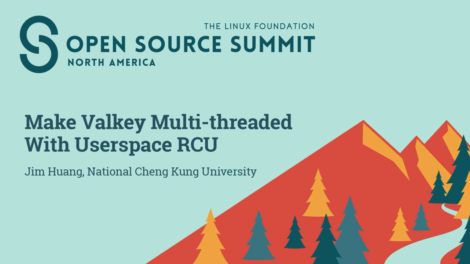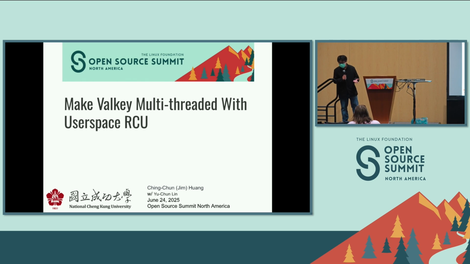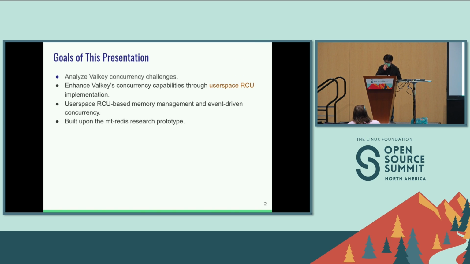In this talk, I will talk about the way to make Valkey multi-threaded, and then we utilize Userspace RCU for memory reclamation. So the idea is we want to recognize the problem about concurrency existing in the current code base.